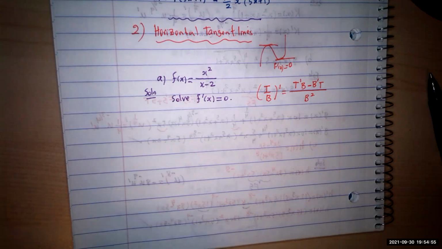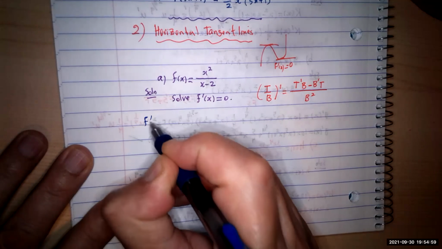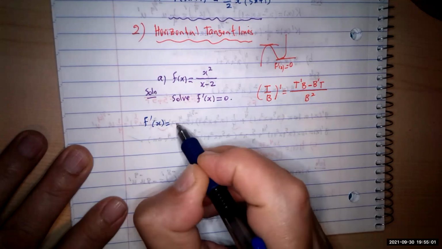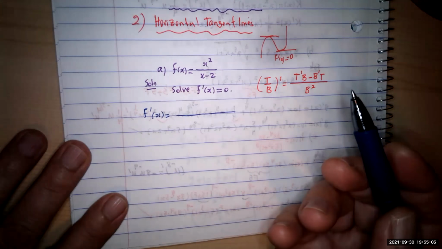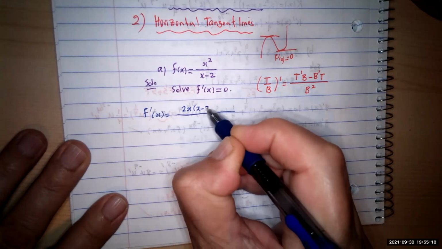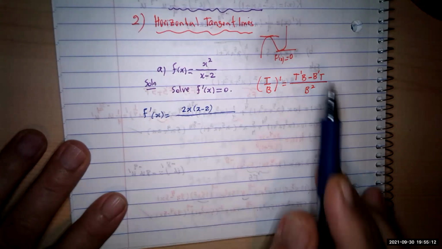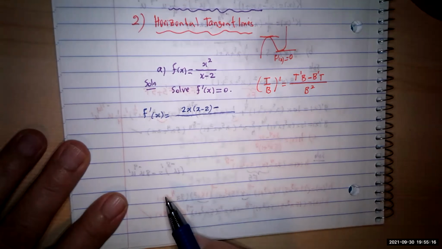So let's differentiate. f prime of x equals the derivative of the top, derivative of x squared, which is simply 2x, times the bottom, x minus 2, minus the derivative of the bottom one.